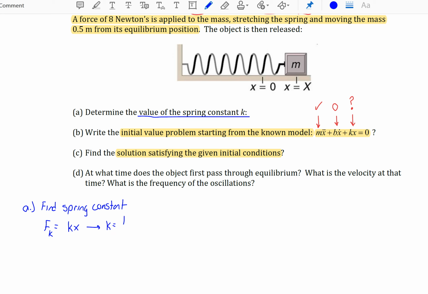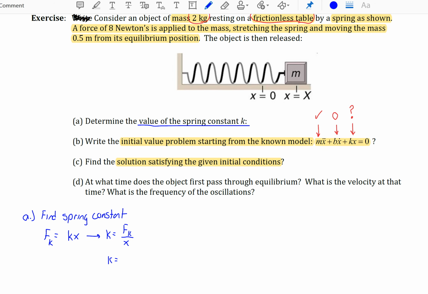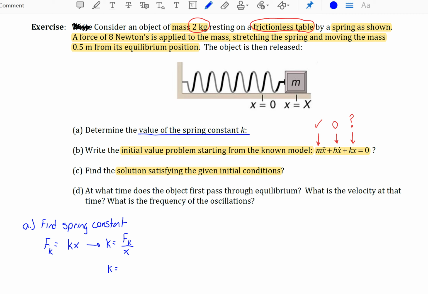by writing it as the force that's being applied to your spring divided by the distance you stretch it. Here they tell us that they're applying 8 newtons of force to the mass, and that doing that stretches the mass and moves it a half a meter from its equilibrium.